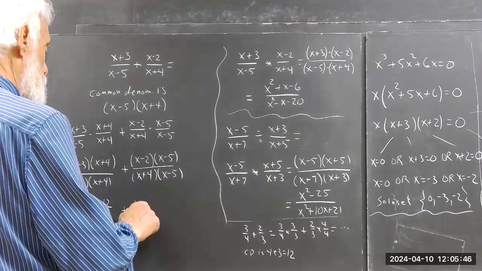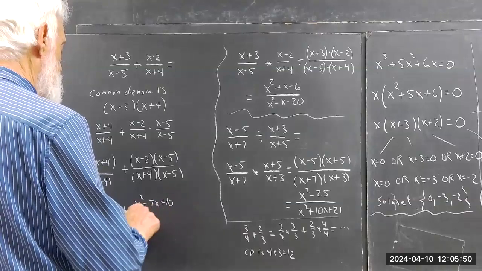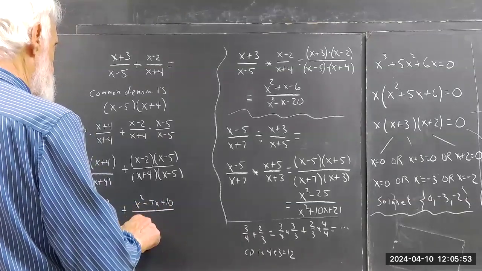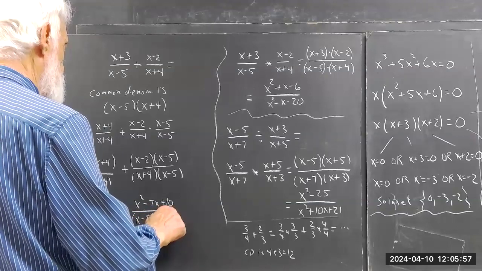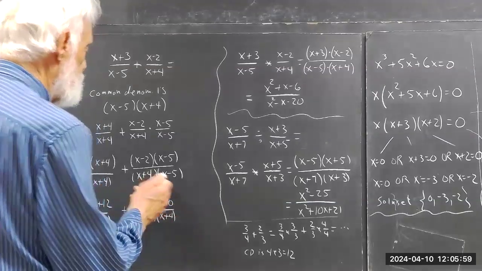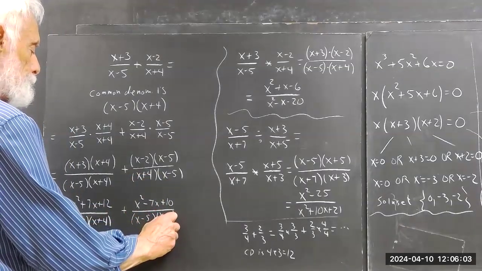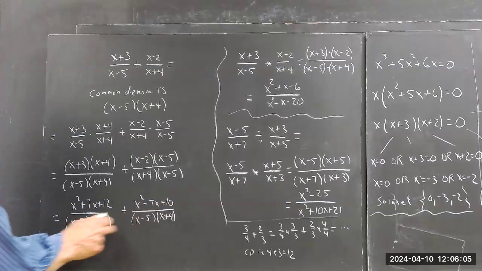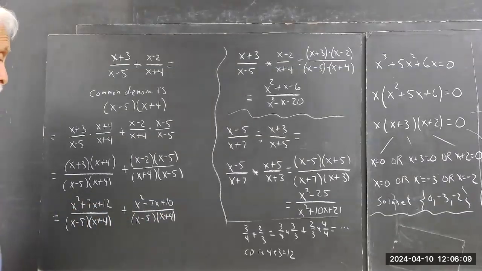Okay, over here, we're going to get x squared minus 7x plus 10 over x minus 5 times x plus 4. Now, I switched the order of these two factors, but that doesn't make any difference. I just switched the order to make it clear to the eye that these denominators are the same.